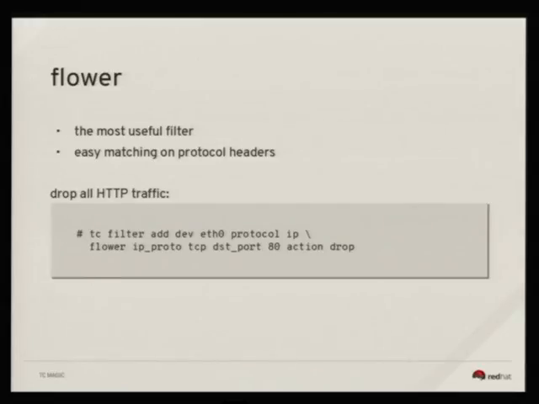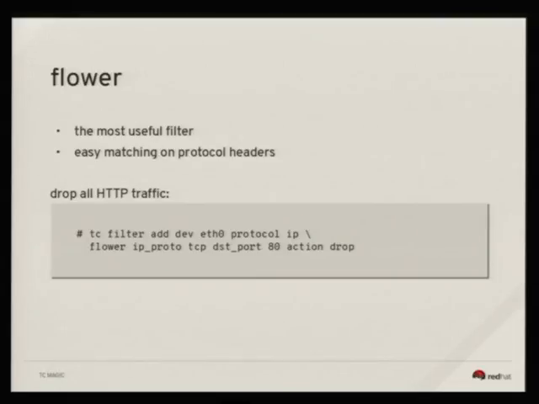Filter is flower, and I specify that the IP protocol, so the protocol that's in the IP header, must be TCP, and dst_port, destination port, which in this case would be the TCP destination port, is 80. If it is so, then the packet is dropped. Of course, this covers only IPv4 traffic. So if I wanted to drop also IPv6 HTTP traffic, I would have to add another filter that would match on IPv6.